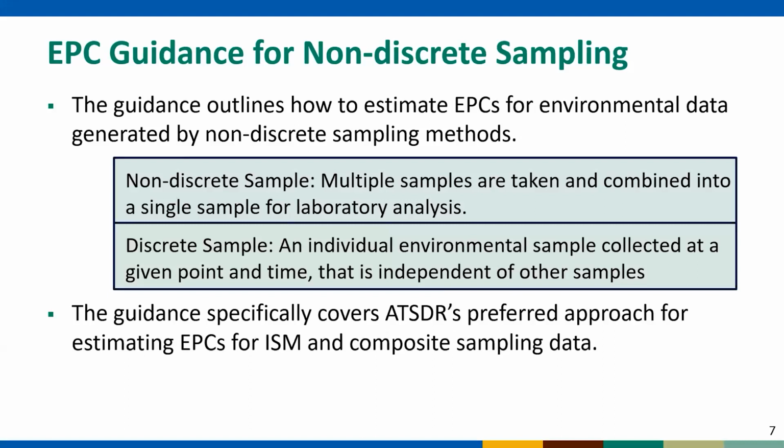Multiple discrete samples are often collected in the field, but laboratory analyses are run separately on each one. The new guidance on non-discrete sampling specifically covers ATSDR's preferred approach for estimating EPCs for incremental sampling methodology, or ISM, or other composite sampling data.